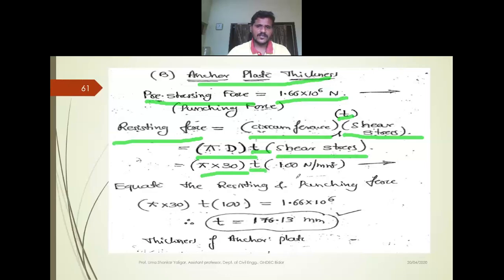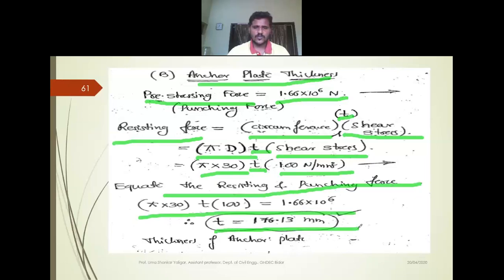Thickness we need to calculate, and shear stress he has given as 100 Newton per mm square. If you equate the pre-stressing force to the resisting shear force, you will get the thickness as 176.13 mm. In this way we need to calculate the thickness of the anchor plate.